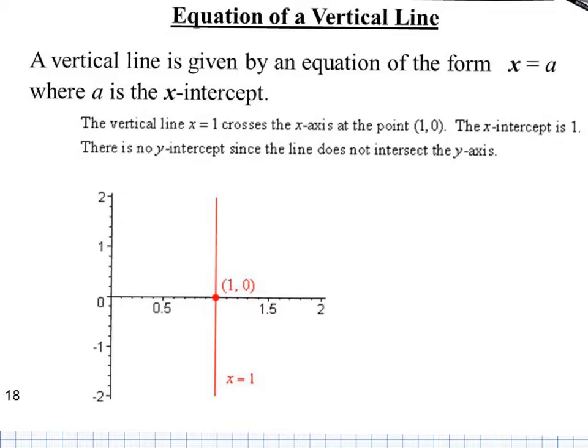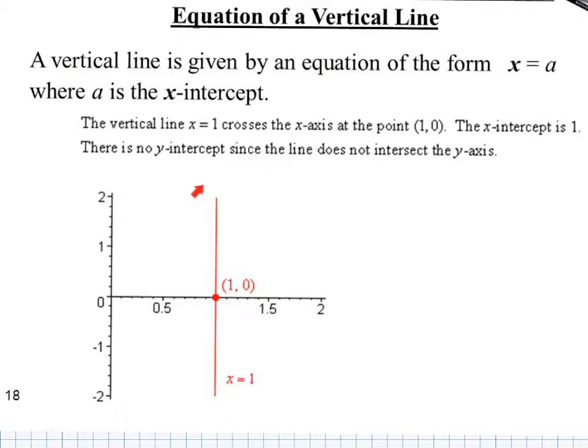On the equation of a vertical line, again we talked a little bit about this in the previous lessons, the vertical line is given by an equation of the form x equals a, where a is the x-intercept. The vertical line x equals 1 crosses the x-axis at the point 1, 0. The x-intercept is 1.